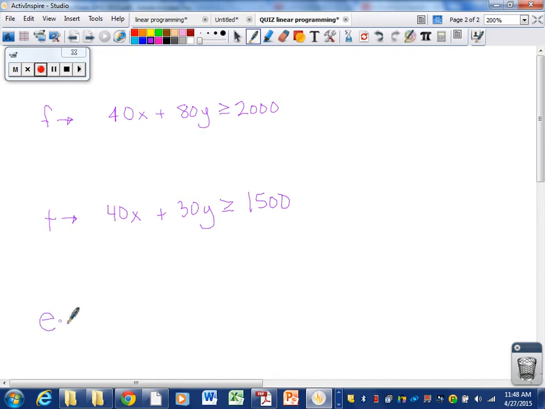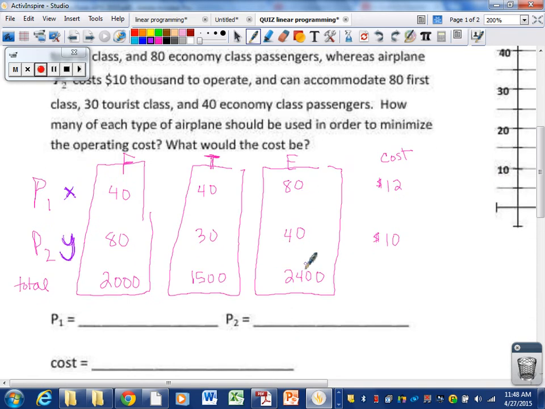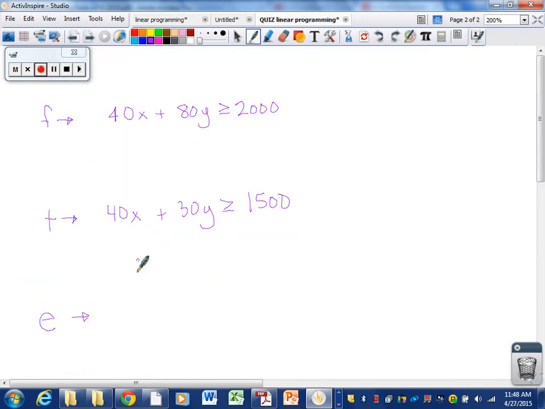And our last one, our economy class, we had 80 from the first plane. Let's go back and see again. 80 from the first plane, 40 and 2400. 80 on plane 1, 40 on plane 2 has to be bigger than 2400.